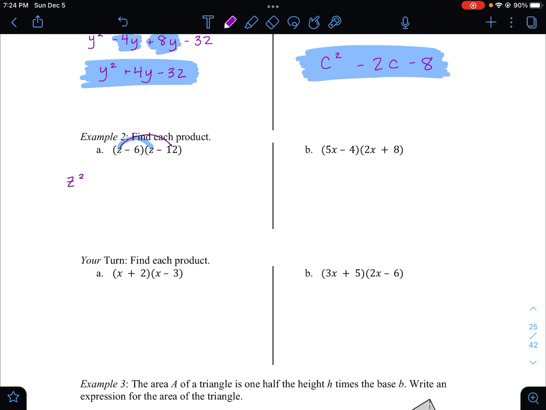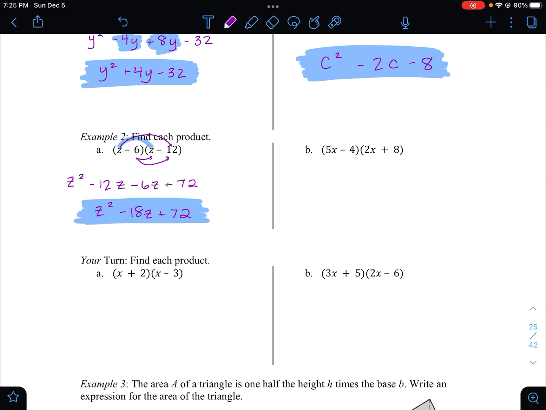Z times negative 12 is a negative 12z, a minus 6z, and a plus, my brain's not working too well here today, 72. All right, so we get z squared minus 18z plus 72. Easy peasy, right? Not too bad so far.